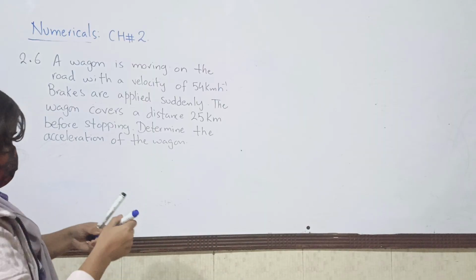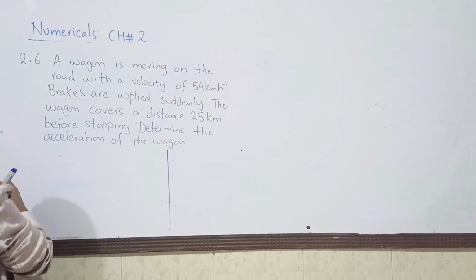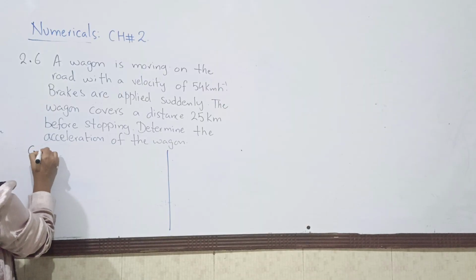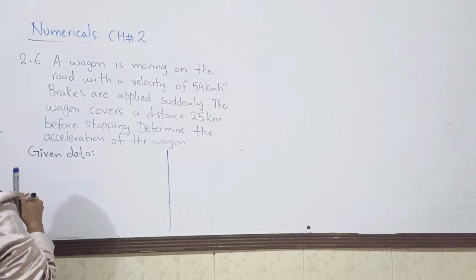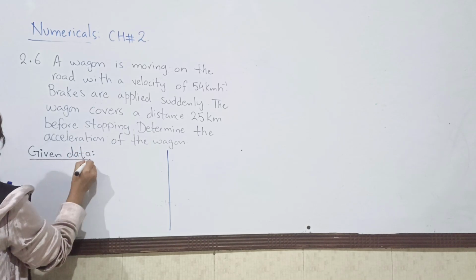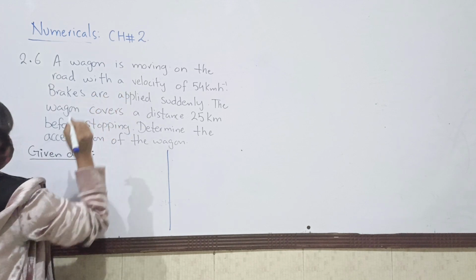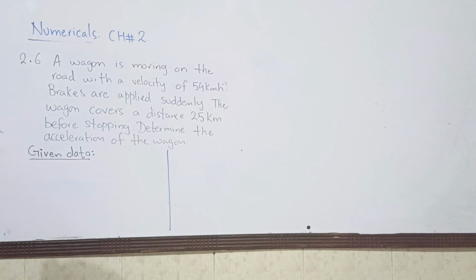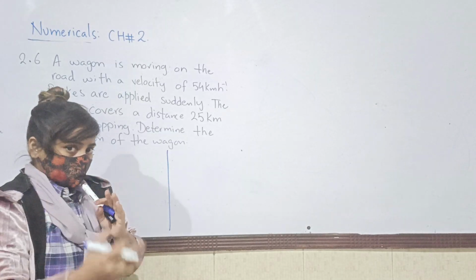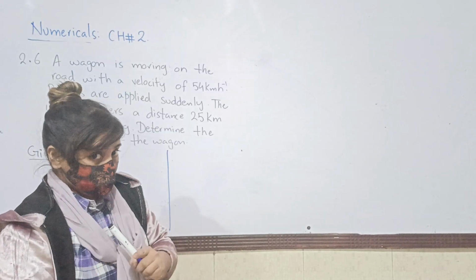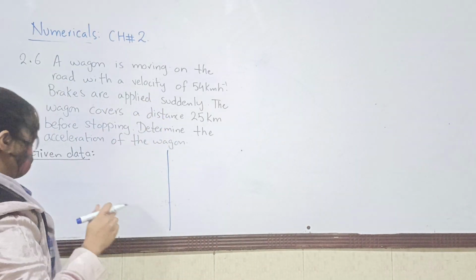So first of all, write the given data. So that velocity, will it be initial or final? Initial velocity, because after that brakes are applied and then velocity will become 0. That will be the final velocity and this is the initial velocity.